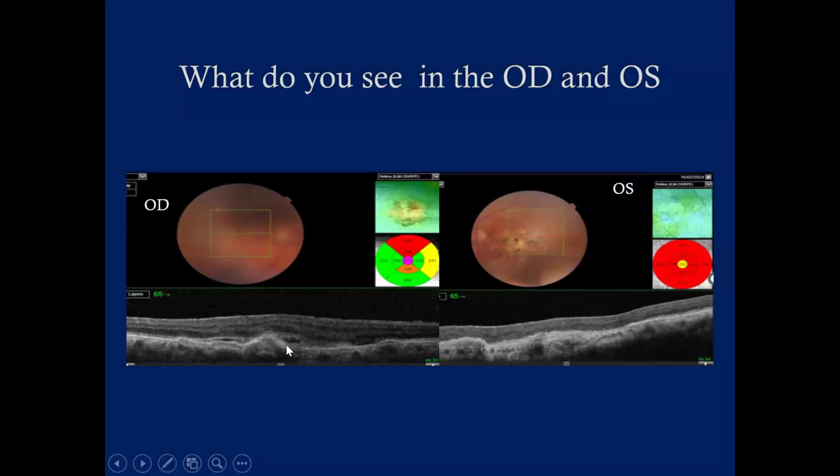Right one is active, the left one is scar. Yes, this one is active CNV with subretinal fluid, as you see here. As you can see from the fundus picture, this one has a disciform scar, and it is a solid hyperreflective material in the RPE layer. So this is a scar, the patient will not benefit from any intervention.